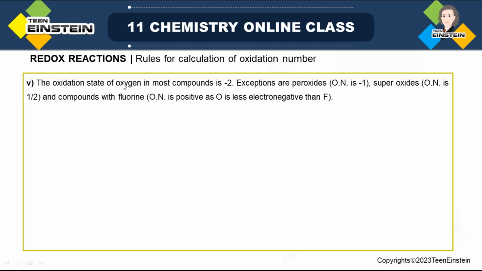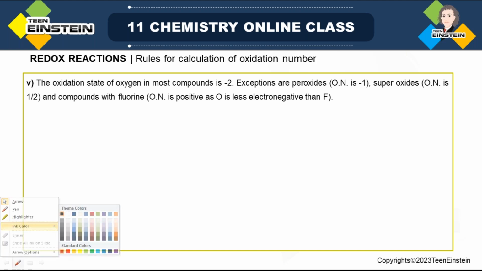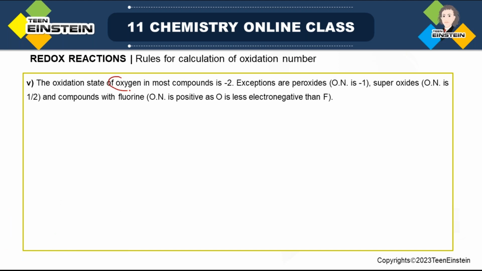The fifth rule is based on oxygen. The oxidation state of oxygen in most compounds is -2, as I have said. Remember, during the calculation of the oxidation number for sulfur, we have by default considered the oxidation number of oxygen to be -2. Exceptions you will find only in some cases.